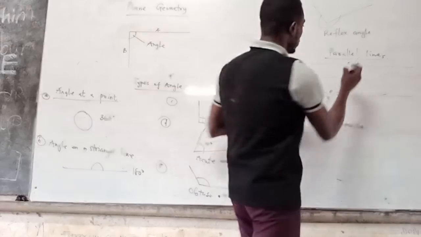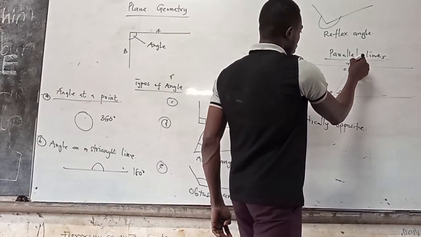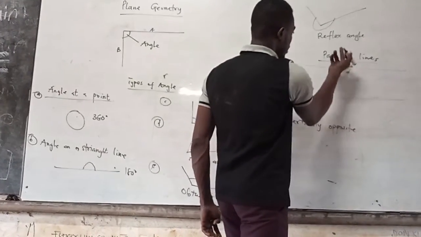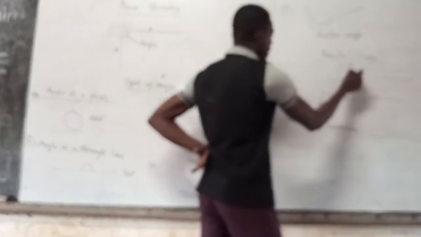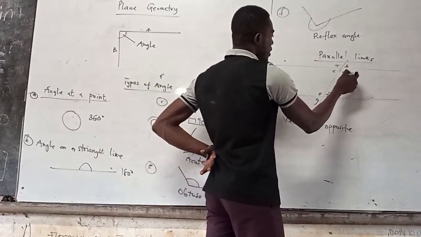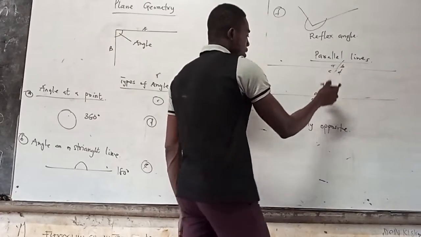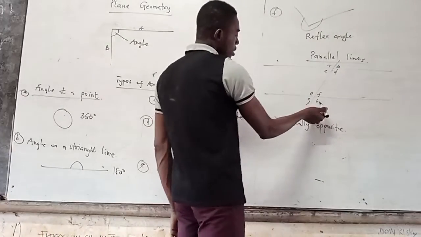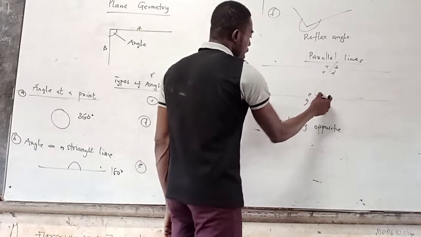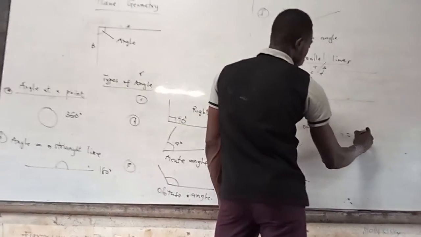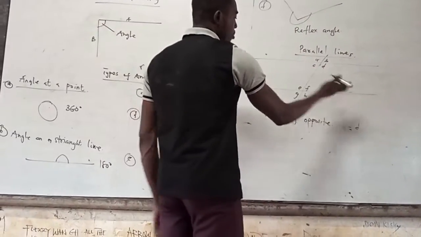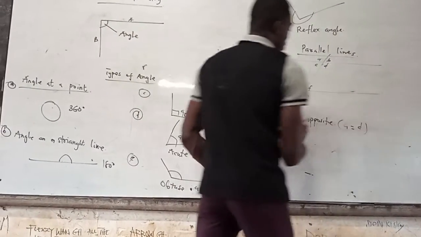When we talk about vertical opposites, we mean A and D are facing each other, so they are opposite. So A is equal to D, B is equal to C, E is equal to H, F is equal to G. We are just keeping one to represent.